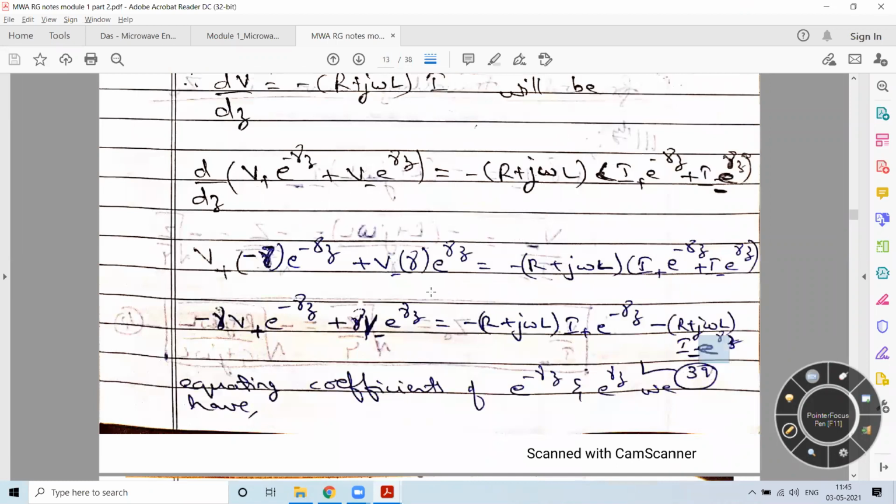That is, gamma into V minus on this side, and minus of R plus j omega L into I minus on the other side. When I solve this, taking I minus on one side and gamma on the other, I'll end up with this result.